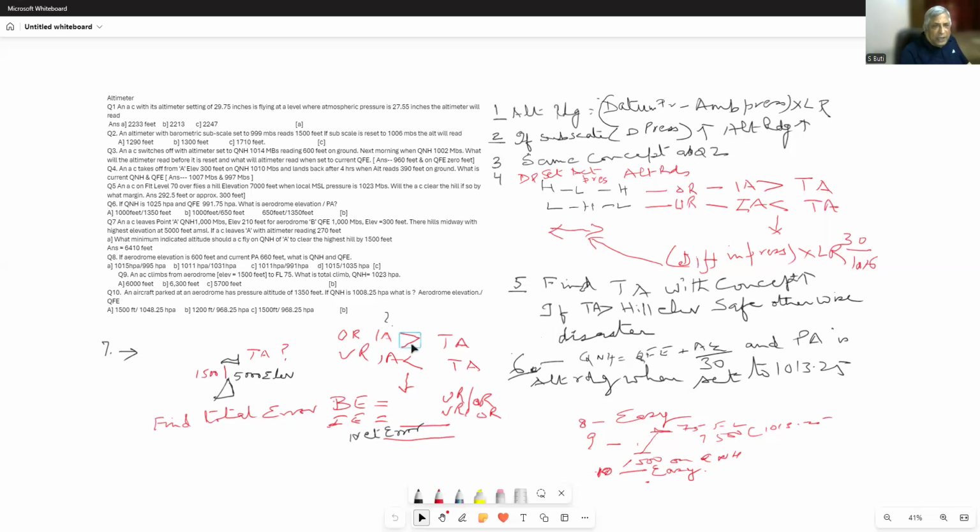Apply this error to get a true altitude of 6,500 feet and find out what should be your indicated altitude. That is this answer, in which we have applied the concept of barometric error. We have calculated the QNH midway when it was not given to you directly, and we have also applied the concept of instrument error.